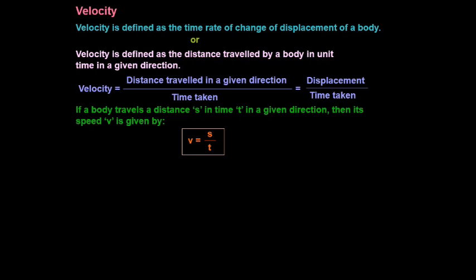In your higher classes, we'll be having some even more comprehensive symbols there. So there v is called either del s by del t or ds by dt, or it is called ds dt.